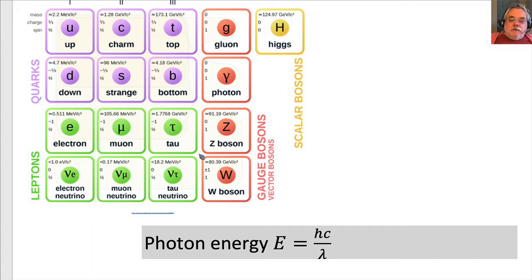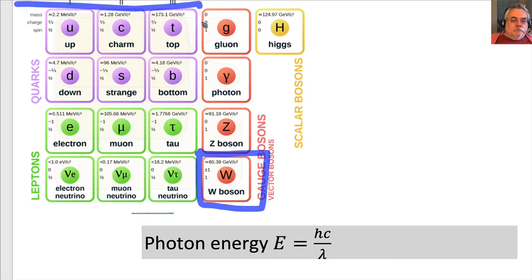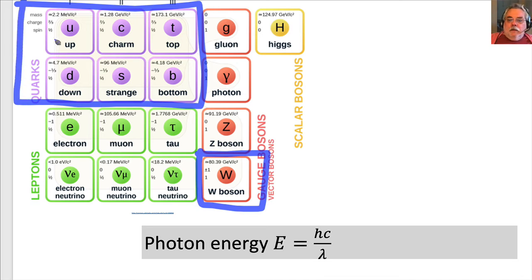The W plus and minus weak bosons, shown in this cell with charge plus or minus 1, mediate the weak interaction or weak nuclear force that transmutes the flavors of quarks and leptons.